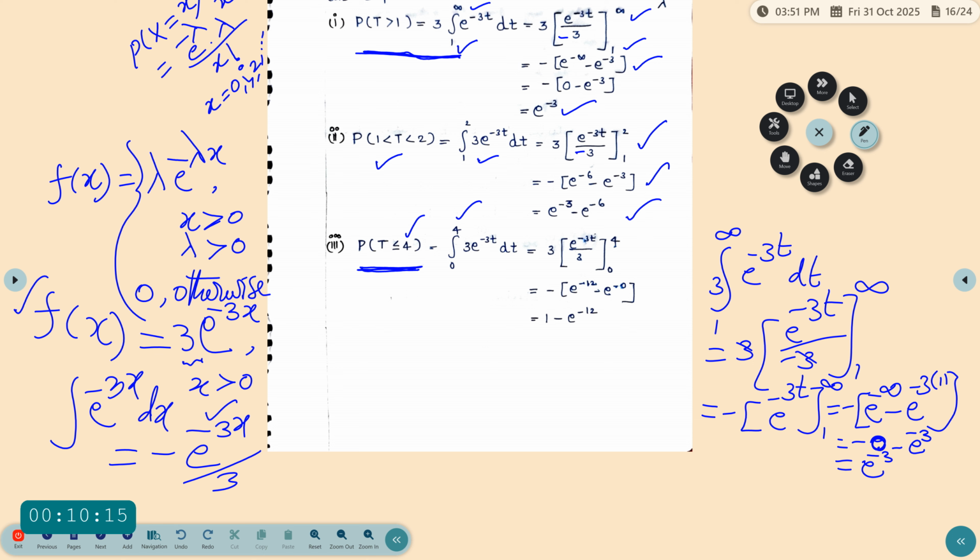The lower limit comes from the given condition that t is greater than 0, so the limits are 0 to 4 and the function is 3 e power minus 3t. So integrate, substitute the upper and lower limits, and simplify to get the required result.